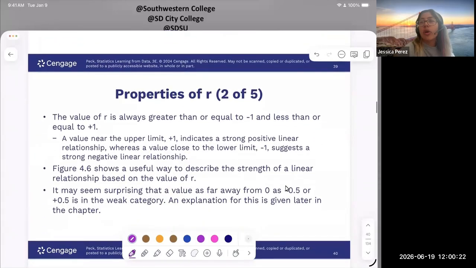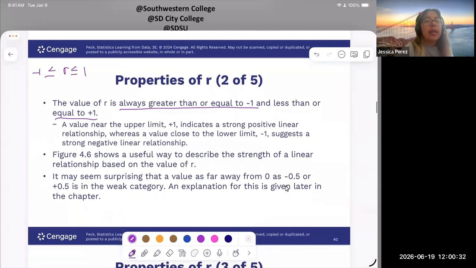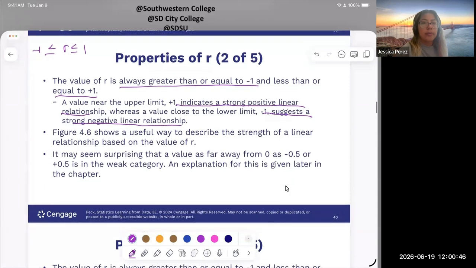The value of R is always greater than or equal to -1 and less than or equal to +1, as I mentioned above. So R is bounded between -1 and 1. Values near the upper limit, 1, indicate a strong positive relationship. So if you're very close to +1, you have a strong linear relationship. If you're close to -1, then you have a strong negative linear relationship.